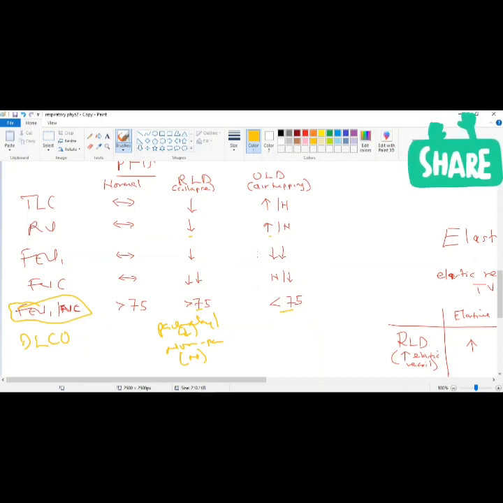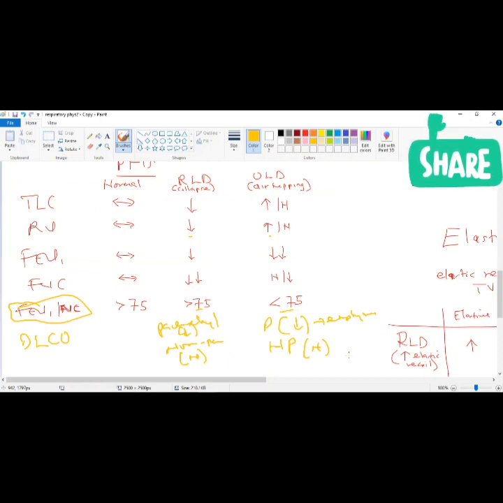Diffusion barrier is okay. Also in OLD, there's parenchymal and non-parenchymal. Parenchymal low, non-parenchymal normal. Emphysema is the only parenchymal OLD. The others are not parenchymal, because emphysema damages the lung tissue, the elastic fiber. The others are causing obstruction in the airway, so the lung itself is fine.